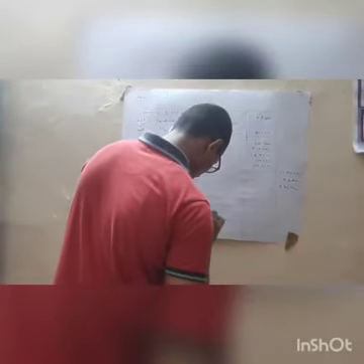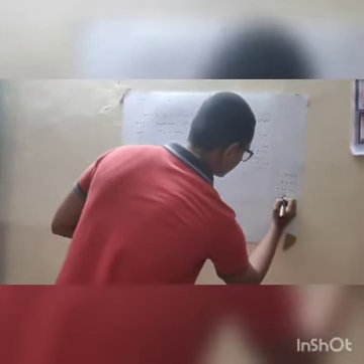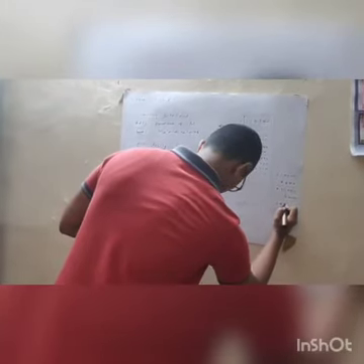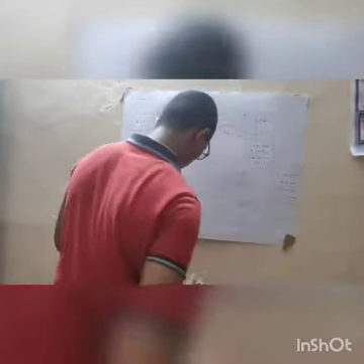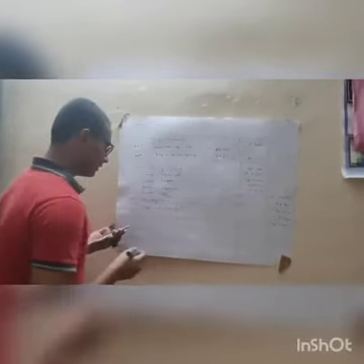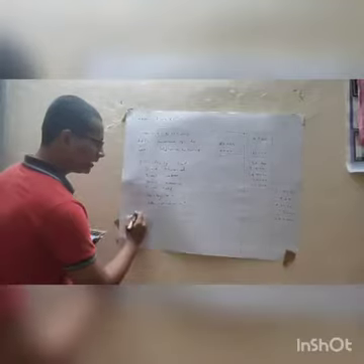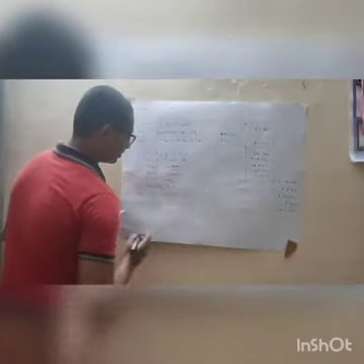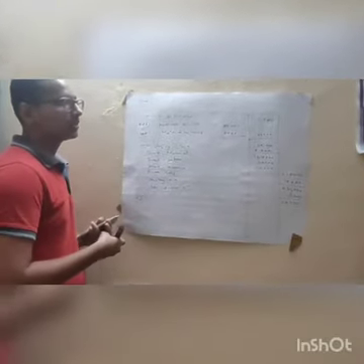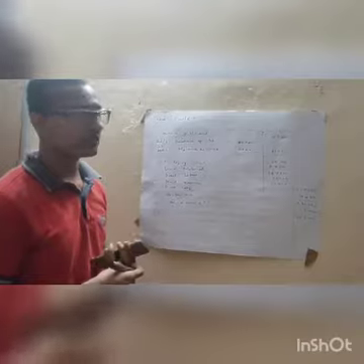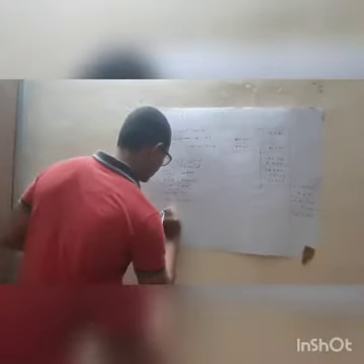Administrative overhead 8,000. And then we have to add the selling overhead. Selling overhead means the carriage expenses and transport expenses, which all come under the selling overhead.